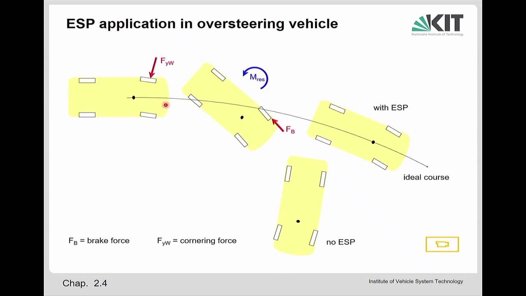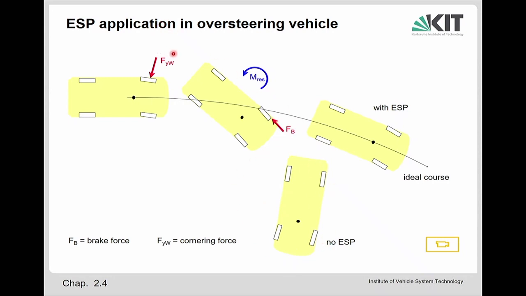The driver intends to follow this line. This is the course which is intended. But the car is oversteering. So it corners stronger than requested by the driver. Now what to do to avoid sliding? This would be sliding.